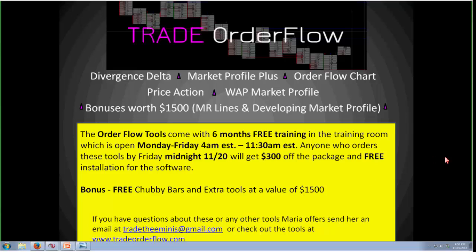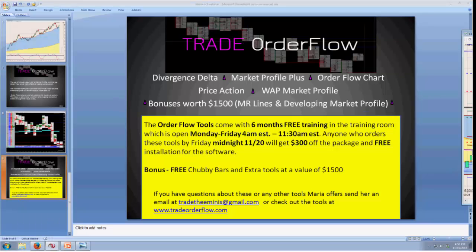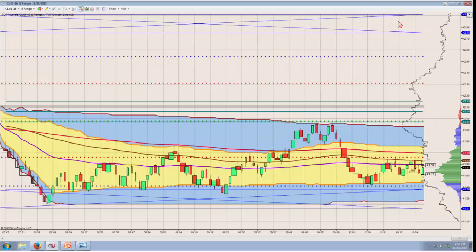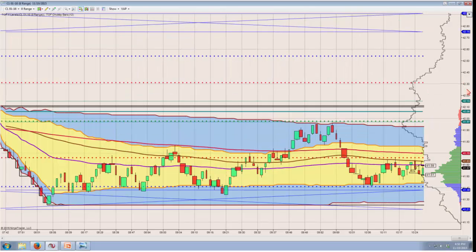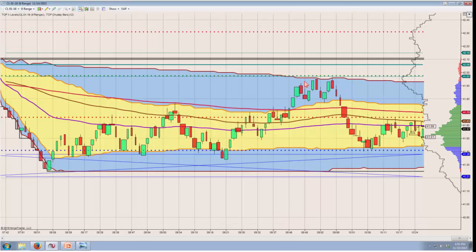So let me just show you back to our charts here. I want to show you CL. So this is CL, and that's crude for you guys who aren't familiar. And these are the chubby bars. This is in replay as well, you guys. So when we have more buyers coming in, our bars are going to get fat green, and when we have more sellers coming in, they're going to get fat red.